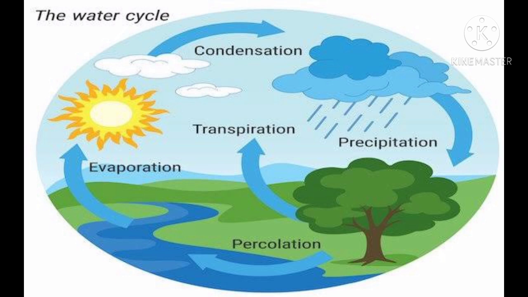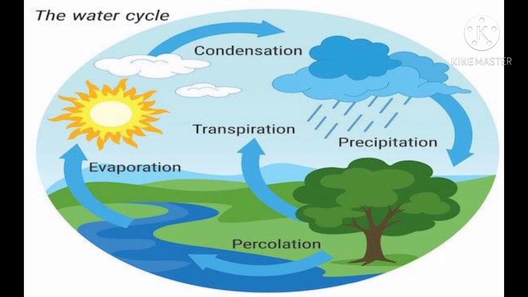Precipitation. Once the water droplets form large clouds, they fall under the influence of gravity in the form of drizzle, rain, and snow. This process is called precipitation.